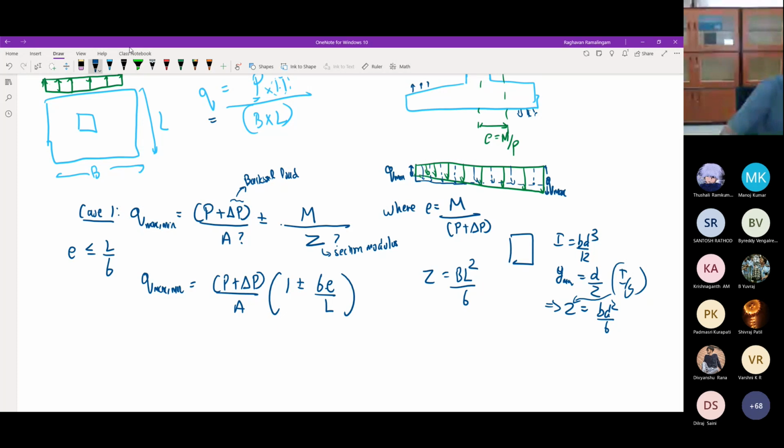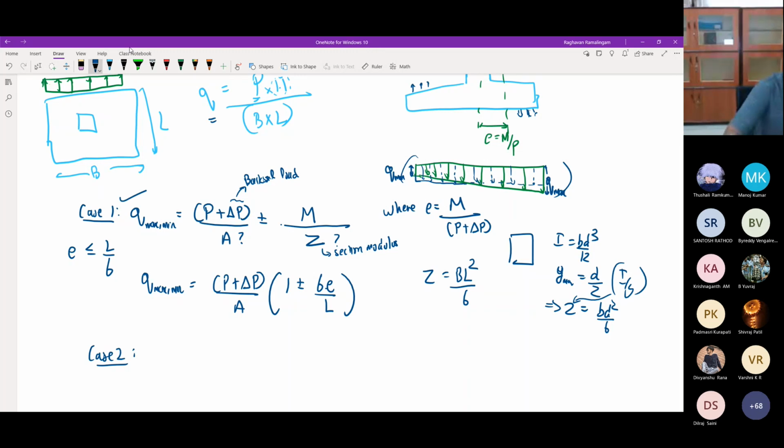So this is when you get this kind of a pressure distribution. This is the case that we always want.